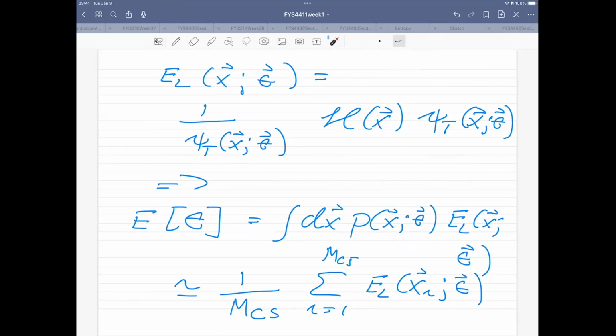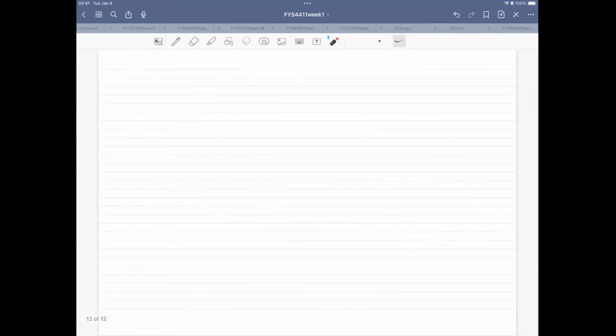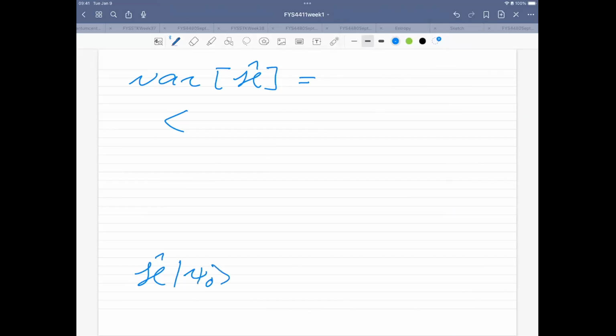So I also wanted to give you a question here. There is an interesting quantity: the variance of the Hamiltonian. Suppose now that we are looking at the ground state of the system, and this is E_0 times psi_0. So this is the state we are targeting.